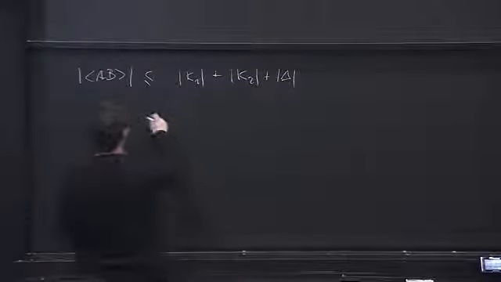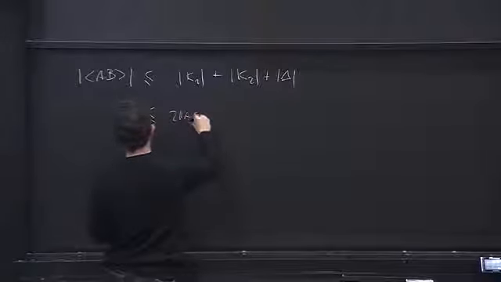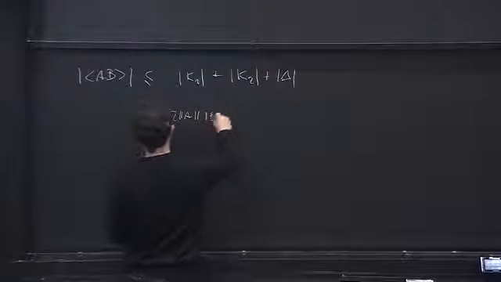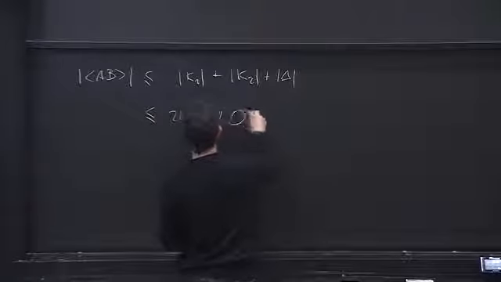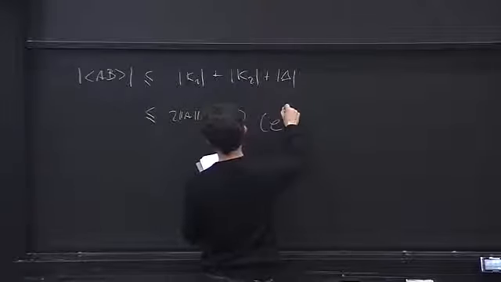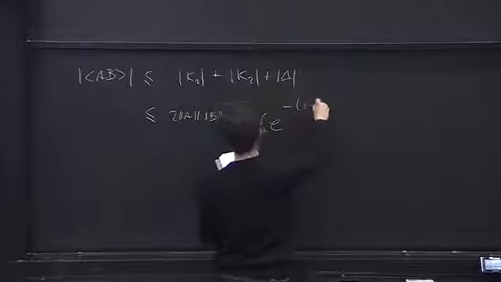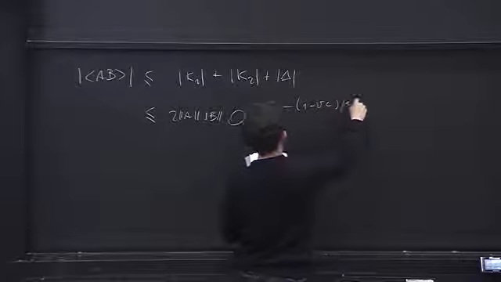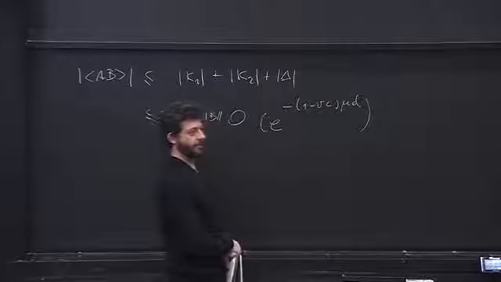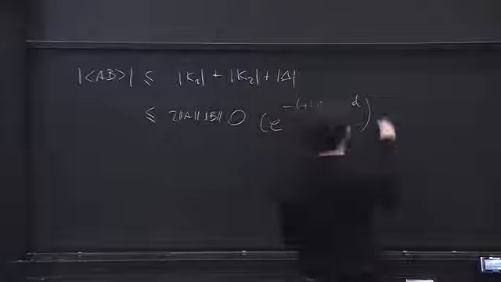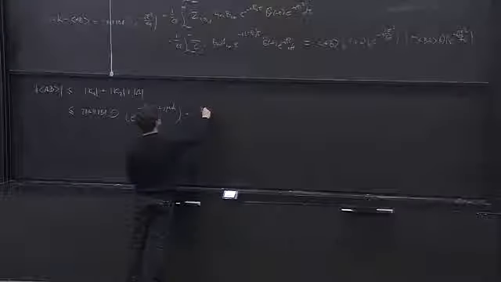So this is smaller than 2AB order of, so this is K1. Remember, it was something that contained the Lieb-Robinson speed. Then we have K2, that was our Gaussian integral, again containing AB, and then these parameters here.